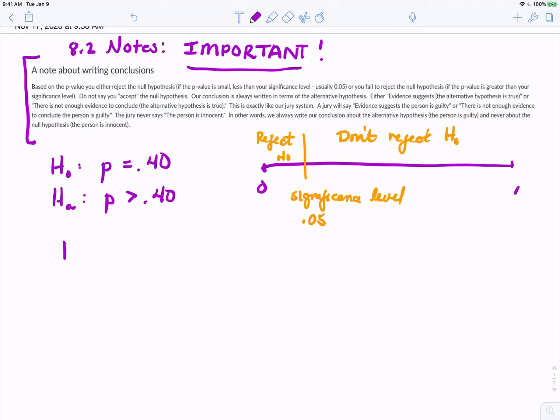So in this problem, suppose P is equal to, say, 0.02. Then you would reject the null hypothesis. And if you reject the null hypothesis, you believe the alternative is true.